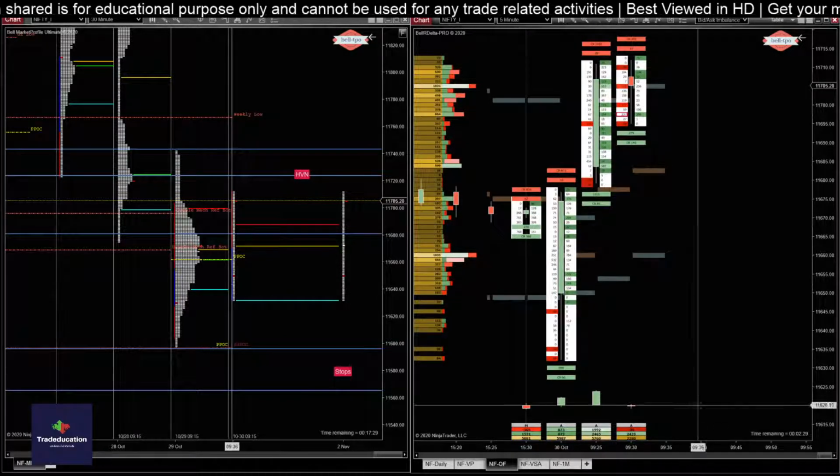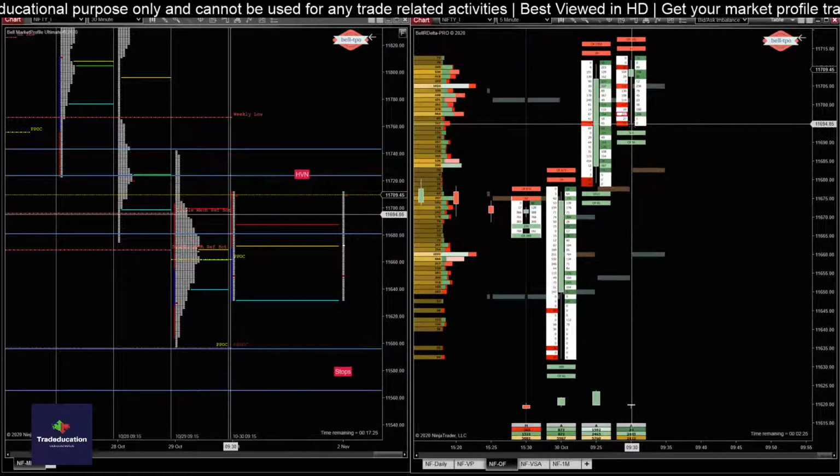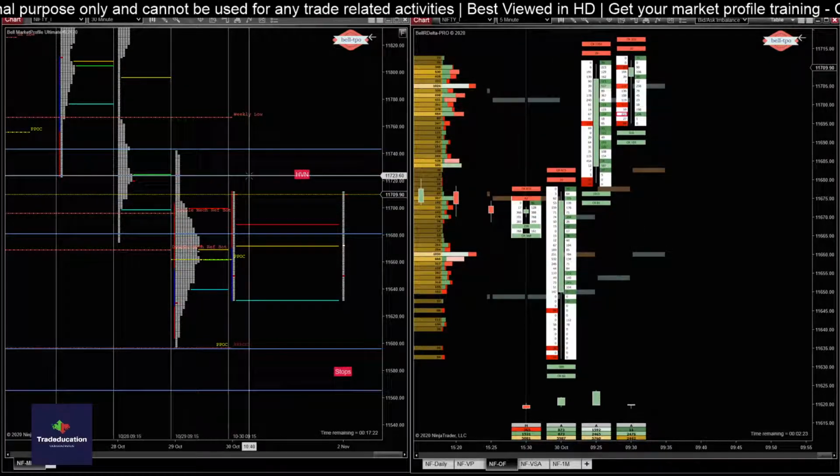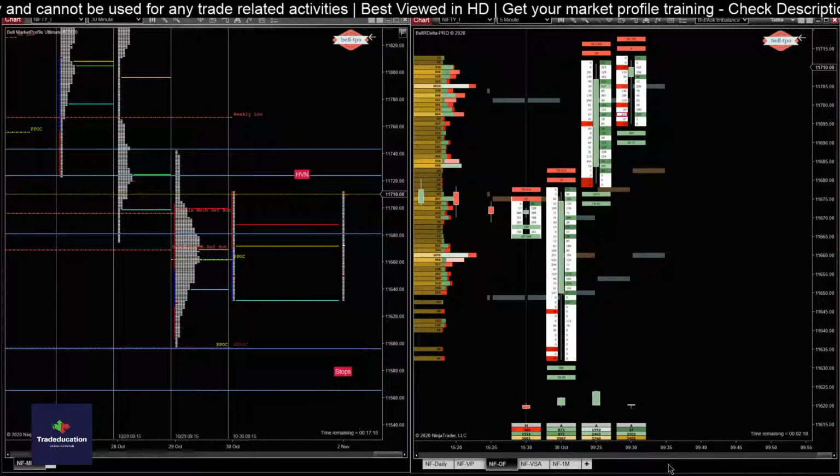A good trade location is you can take a long trade, keeping a stop loss around this candle low, targeting this HVN. That is one long trade which I'm seeing for the moment.